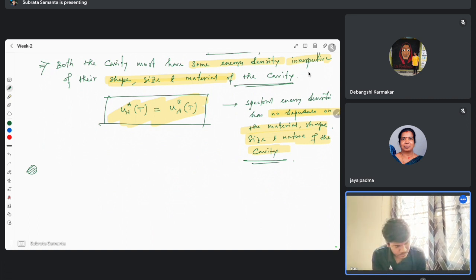Then we define two additional quantities. The spectral absorptivity, that is called alpha lambda.